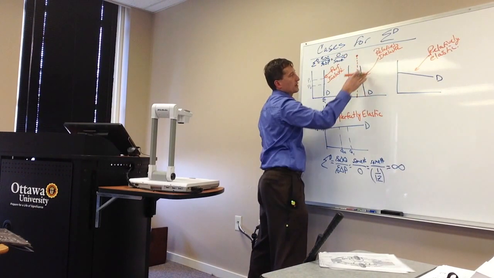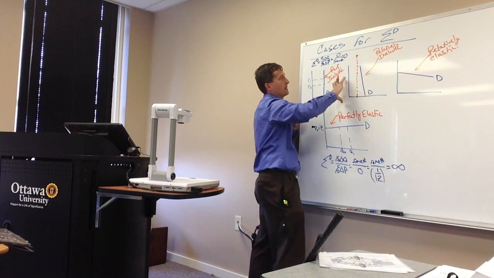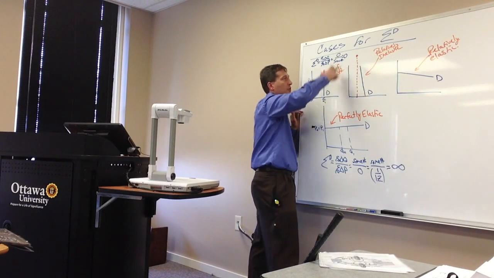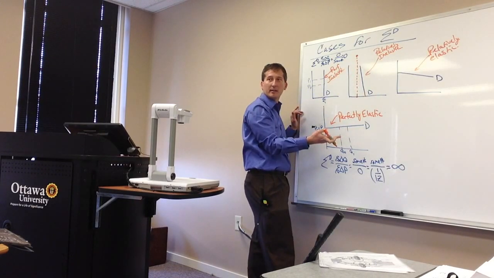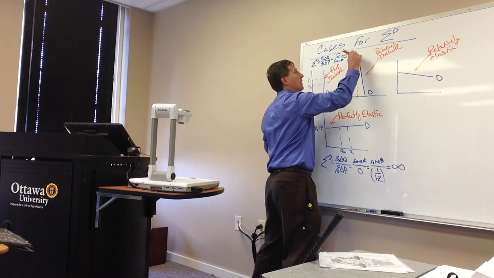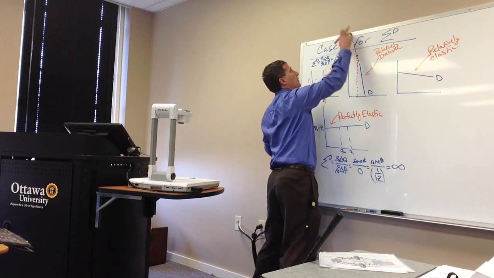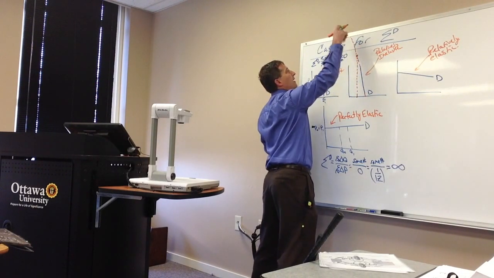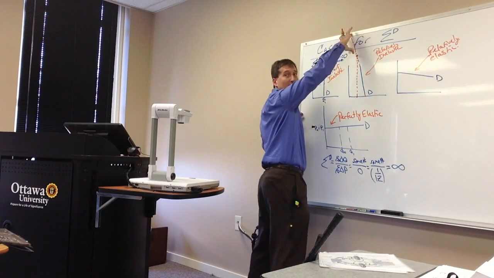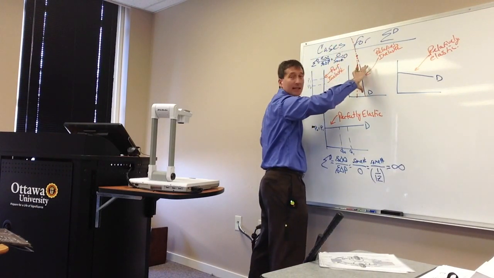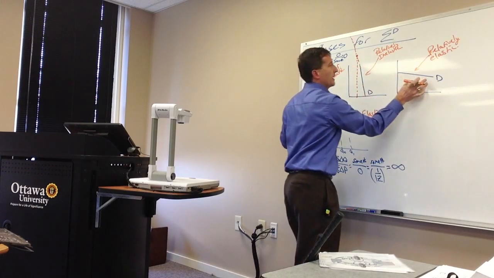So why we call this relatively inelastic is because potentially over all relevant ranges of prices, the demand curve is inelastic all the way along it. Imagine this demand curve goes up to here, and this would be the elastic portion, and this would be the inelastic portion. Same thing here.